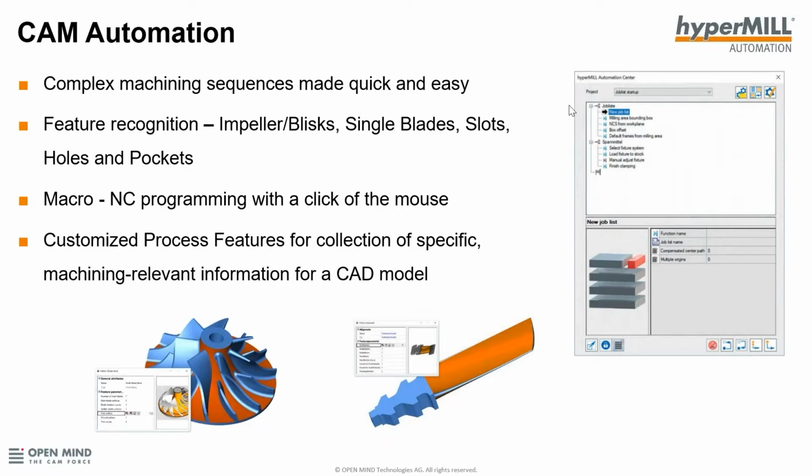And this allows definition of special standards or your customized standards that you may have in your organization related to geometries, and you can further automate the programming based on these CPFs. So yes, it can truly automate your complete CAM program.